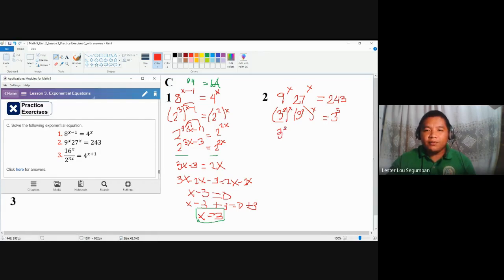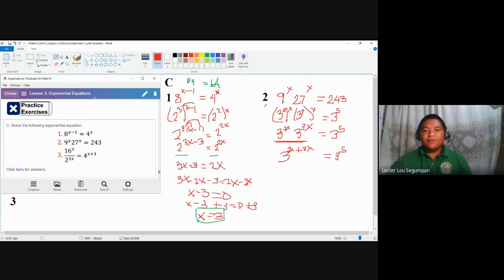So 3 to the power of 2x and 3 to the power of 3x is equal to 3 to the power of 5. Another law of exponent to be applied here is the multiplication law, wherein we have the same base and we add the exponents. 2x plus 3x equals 3 to the power of 5.